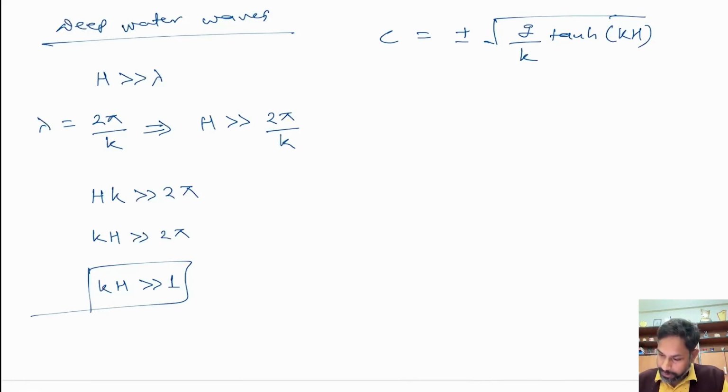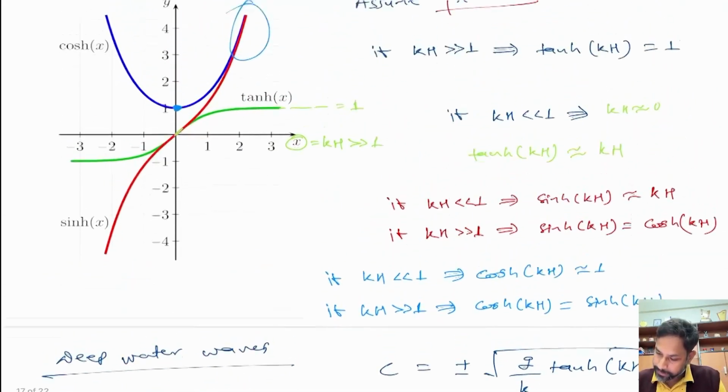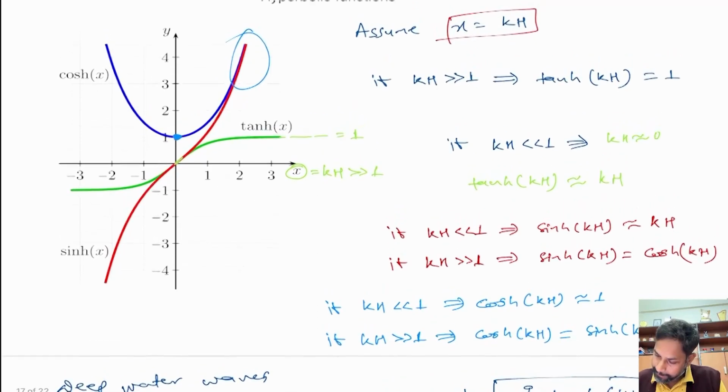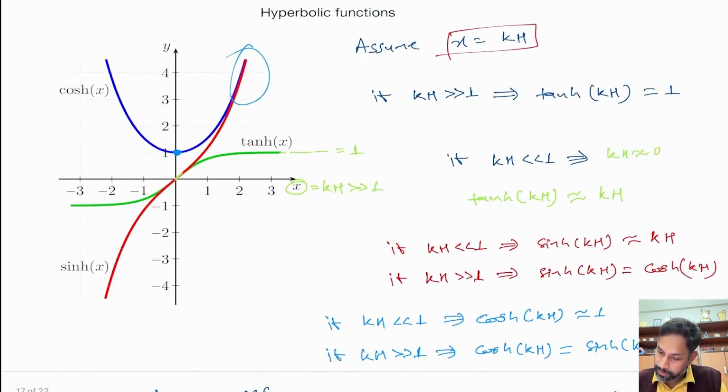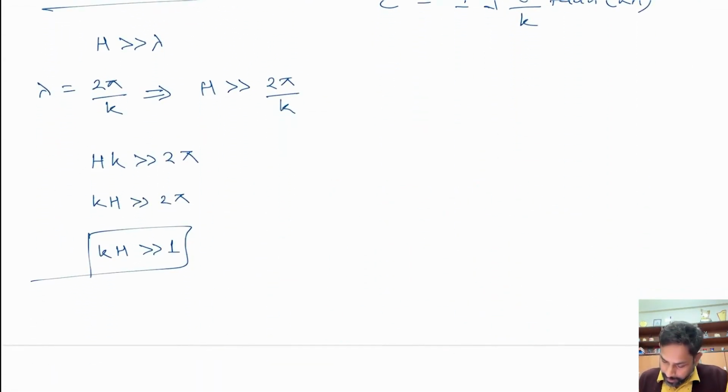If kh is much greater than 1, then tanh is equal to 1. This is something we already derived, and that's why tanh of kh is equal to 1.